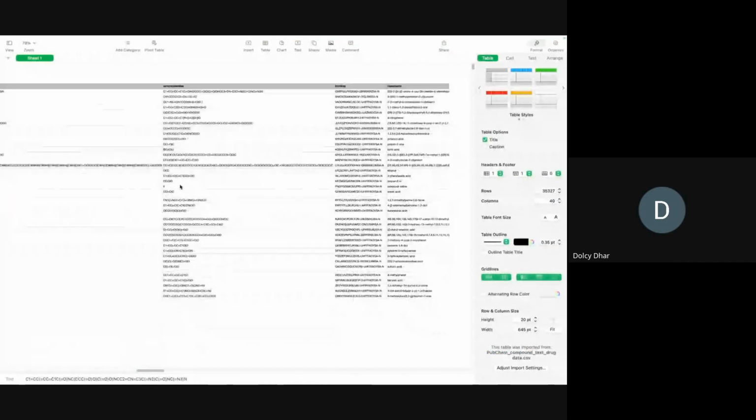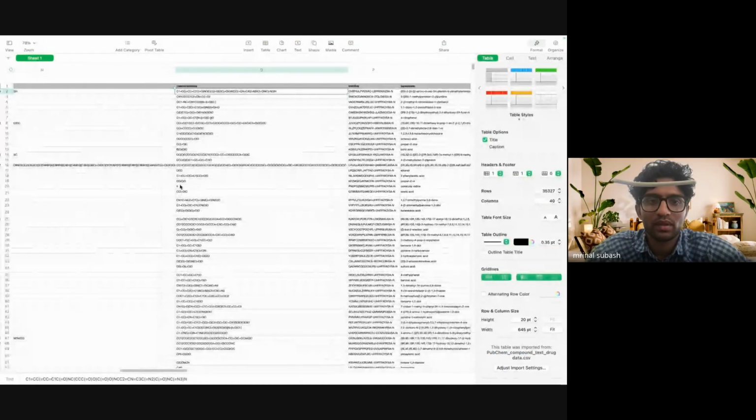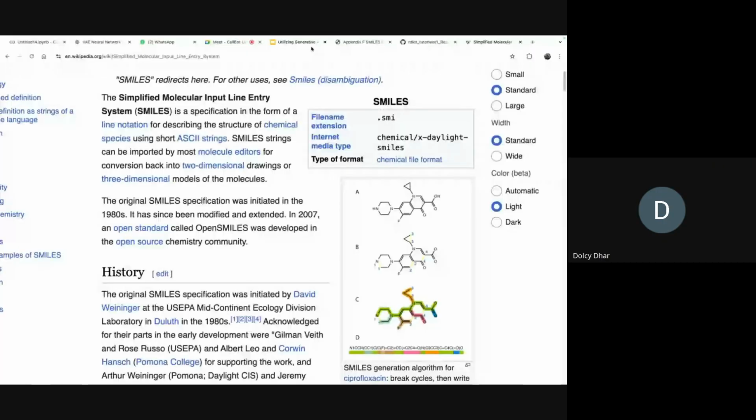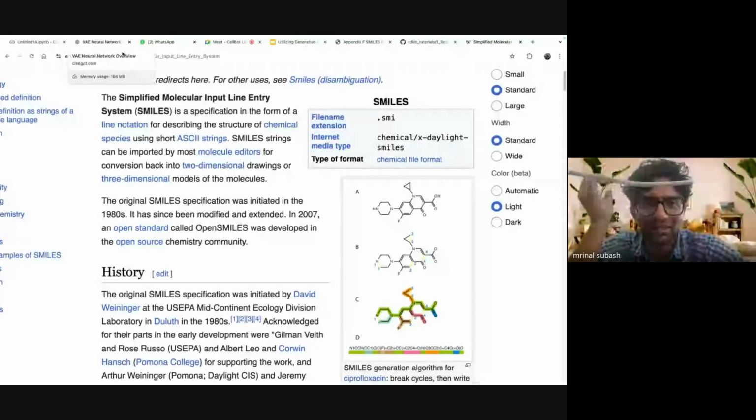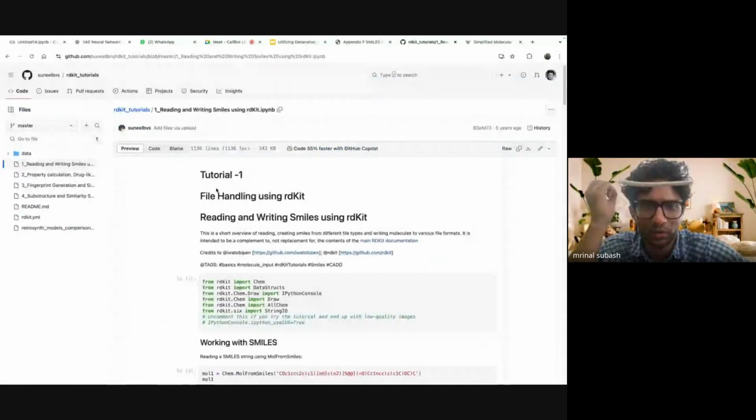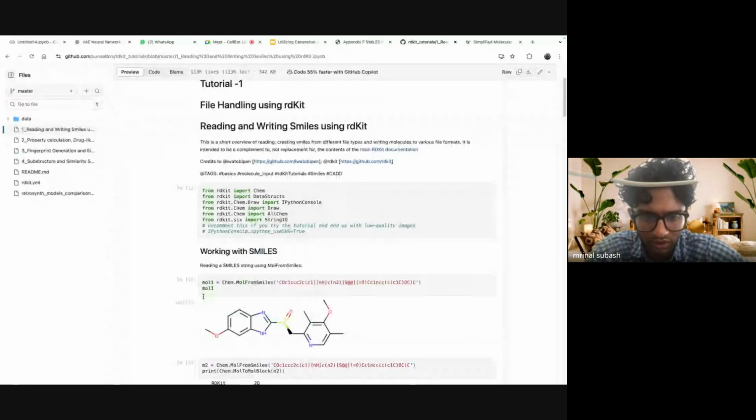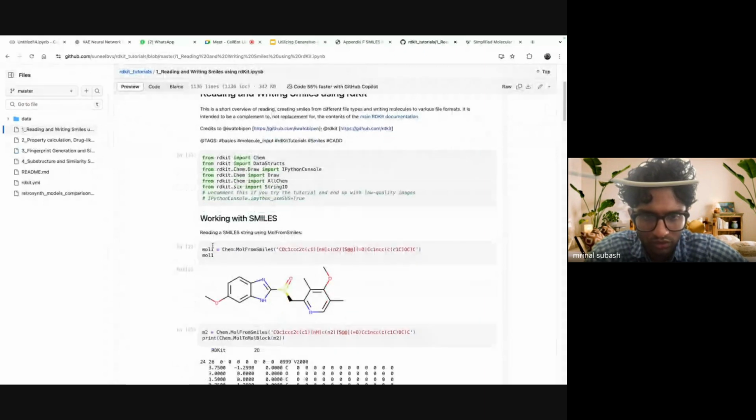Any other questions? I think if I'm able to import Chem from RDKit, then fairly it is an open source library. Here also you can see he has used Chem, and I think they want to draw the chemical compound from it.